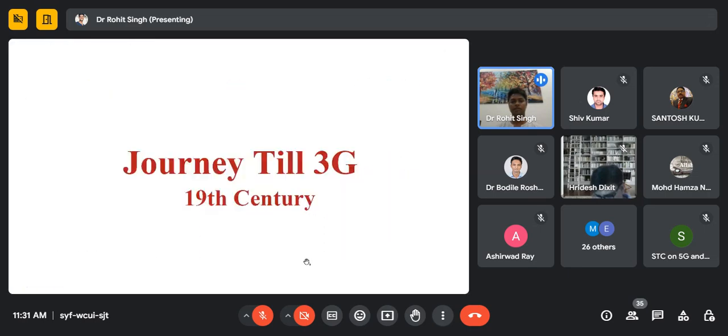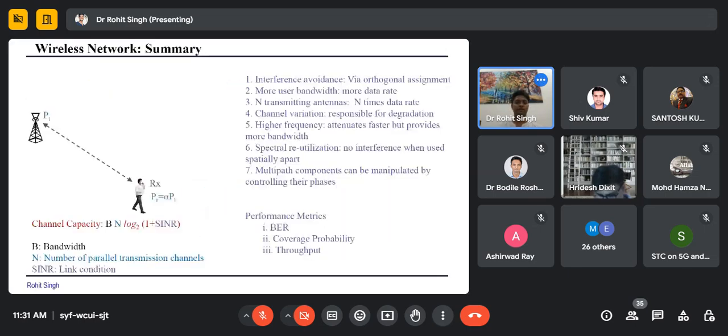what the prerequisites of communication are. Again, the intuition is to allow a user to get more and more data from the base station. So back in the 1950s and 1960s, all the efforts were made to allow a user to access more bandwidth, more antennas, and a better transmission channel scenario.